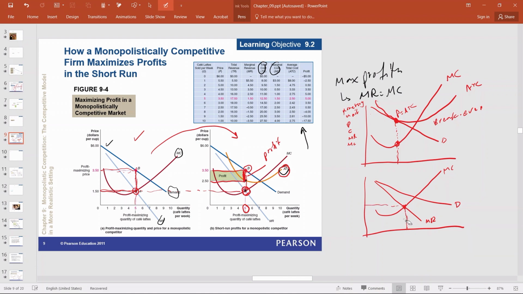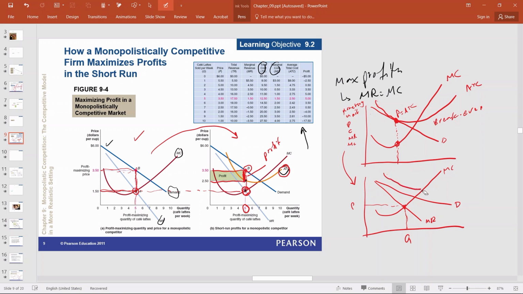This is Q, SP. Same information should be here. So to show losses, all you need to do is to make the curve of average total cost go above the price.